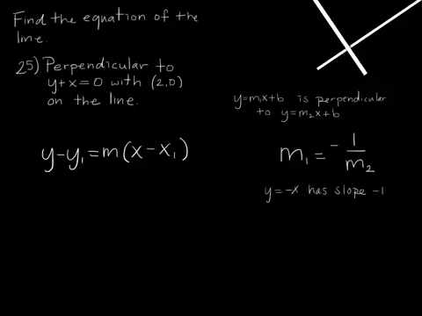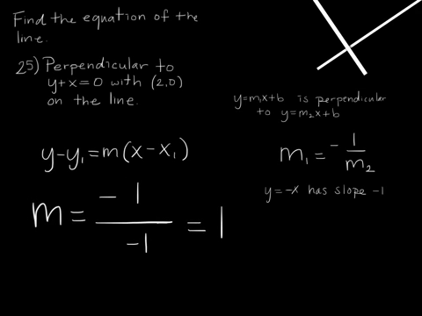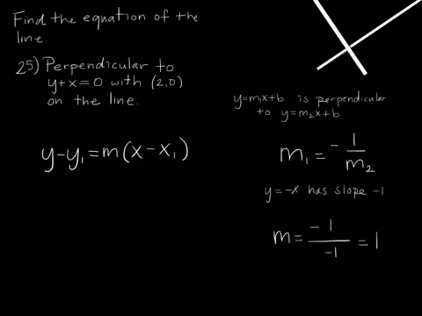So for us, m should equal -1 over -1. I'm using the formula here. And this just equals 1. So now we have the slope of the line that we want. We also already know a point on the line because it was given to us in the question. And that point on the line is (2, 0).